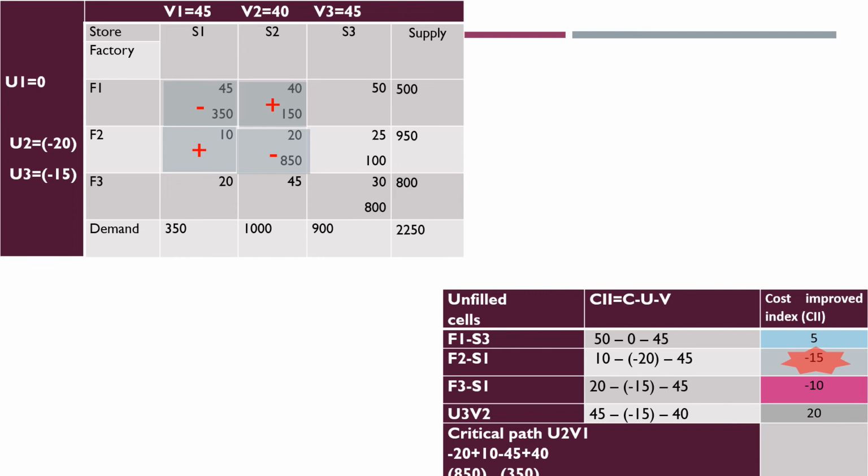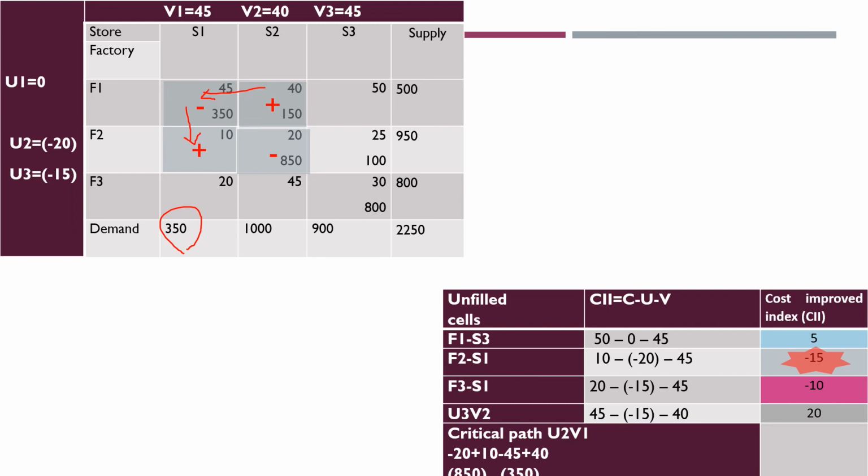When we are removing quantity from a particular cell, to balance that particular row or column, we have to transport quantity from somewhere else, from another adjoining cell. Therefore, when we are adding to F2 from F1 S1, to fill the gap of that F1 S1 cell, to balance this 350, we have to transport from S2 to F1.